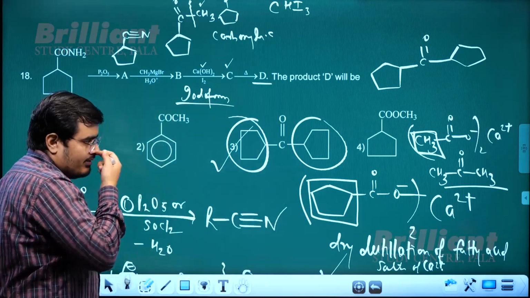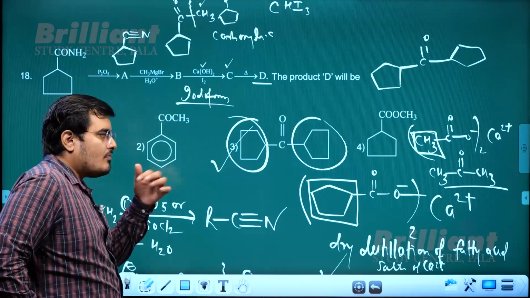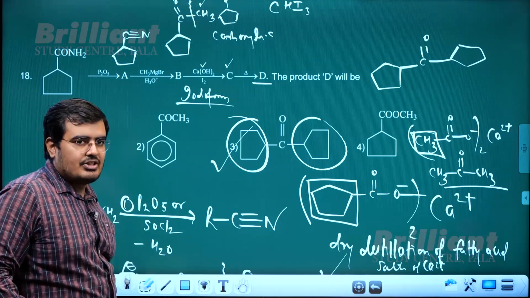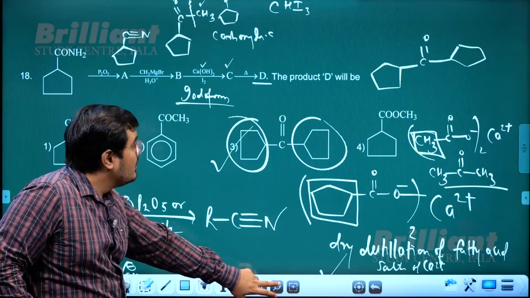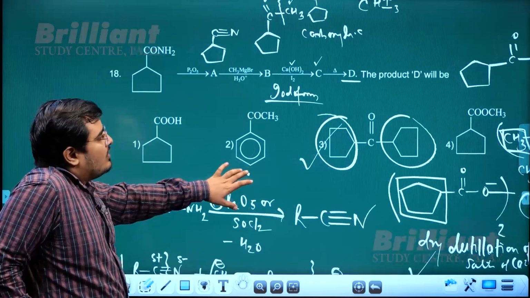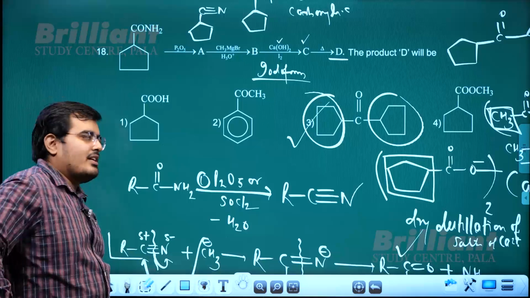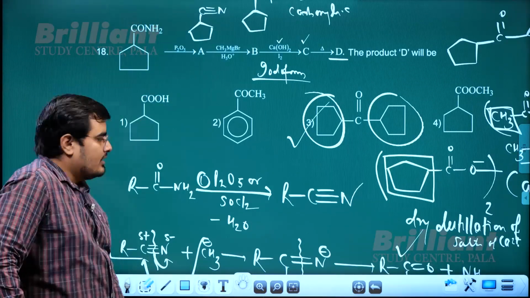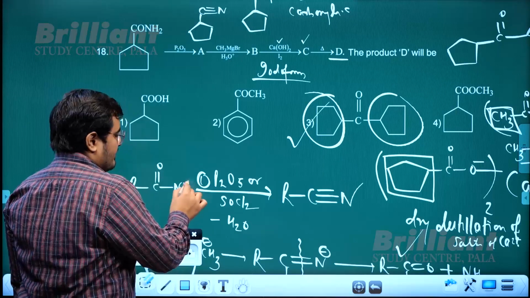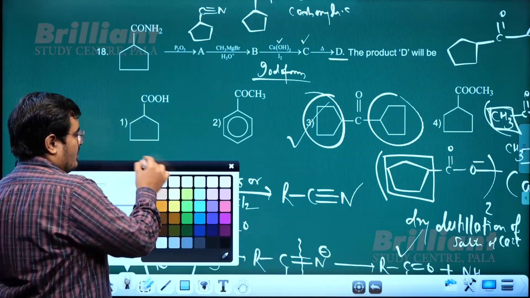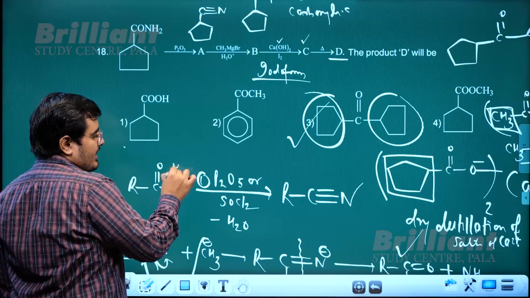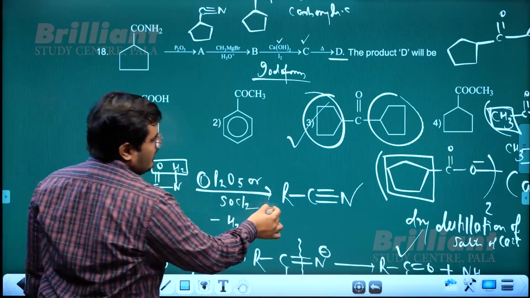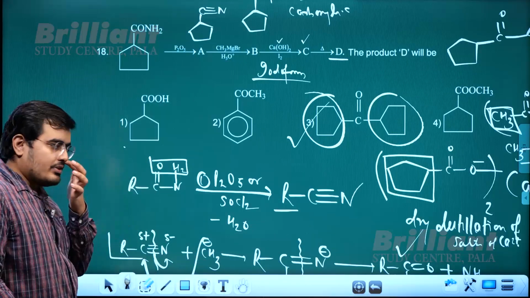So this is actually one of the methods of formation of aldehydes or ketones by dry distillation of calcium salts. If you see the overall sequence of reactions, first we took an amide and used the dehydrating agent. Let's say I am writing it as NH2. You have removed H2O and formed a triple bond between carbon and nitrogen.